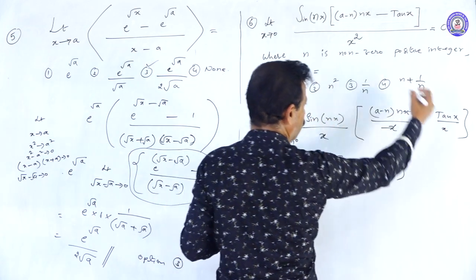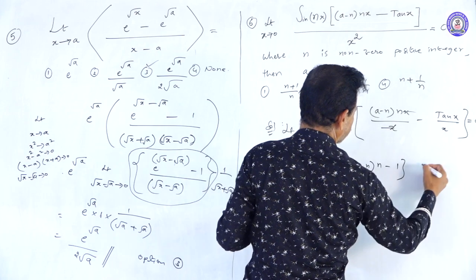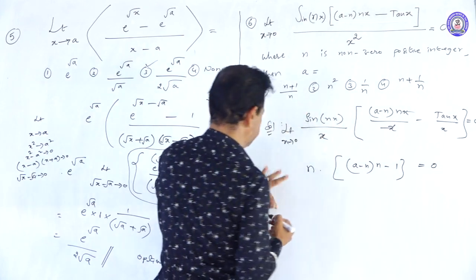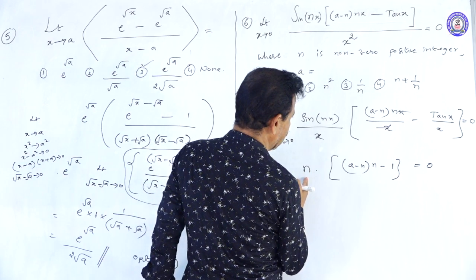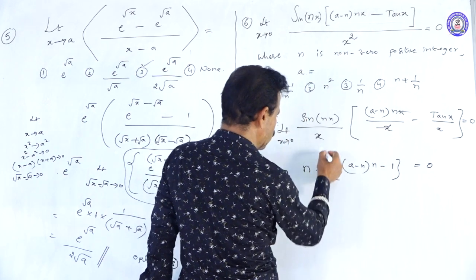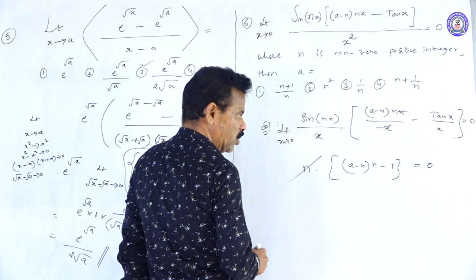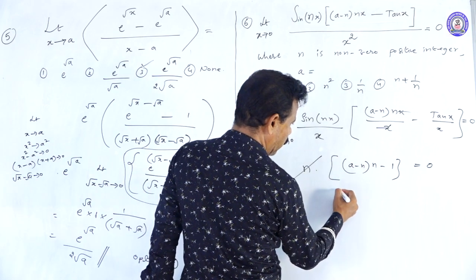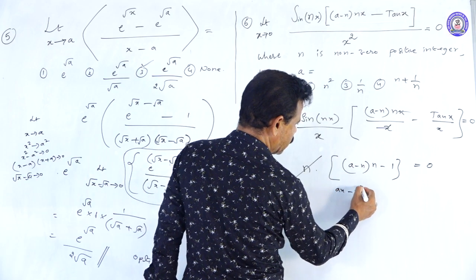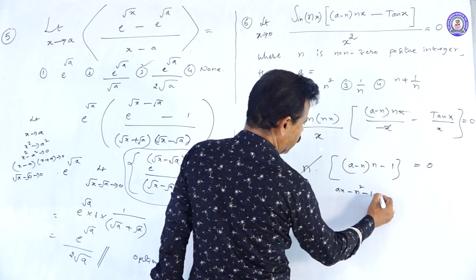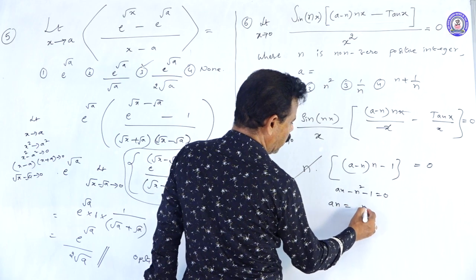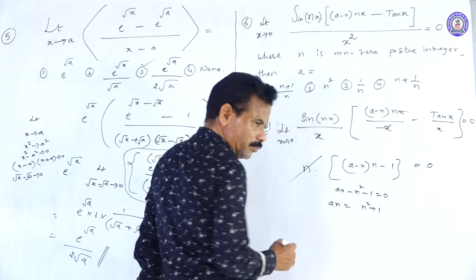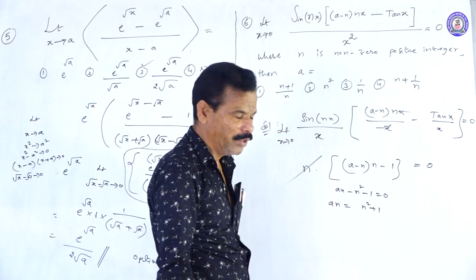So according to the problem, it is equal to 0. After that, this n outside is 0, that's why it is also 0 by n, negligible. So this multiplication: an minus n square minus 1 is equal to 0. After this, an is equal to n square plus 1. These two minuses outside become plus.